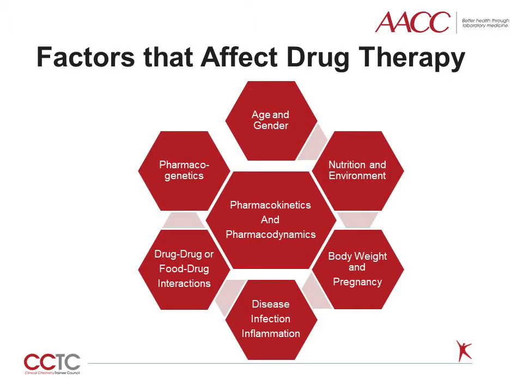Pharmacokinetics can vary from person to person, and it is affected by age, gender, diet, environment, body weight, and pregnancy, patient's pathophysiology, genetics, and drug-drug or food-drug interactions. Drug therapy is impacted by factors that affect pharmacokinetics and pharmacodynamics.